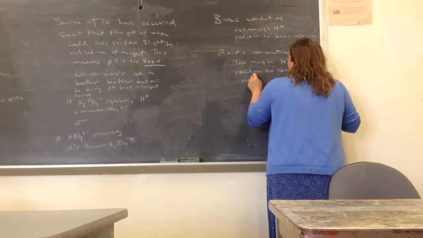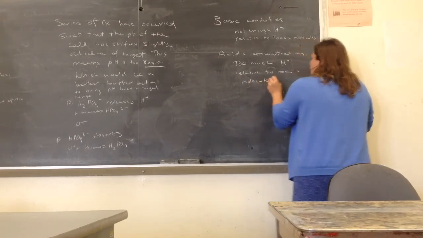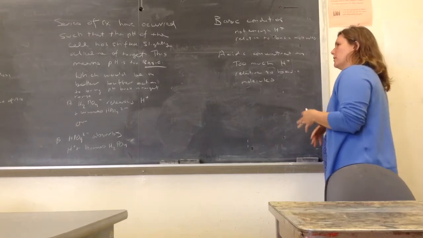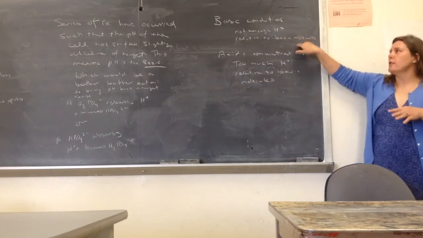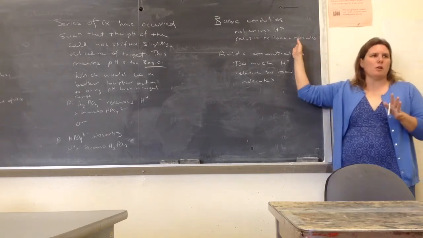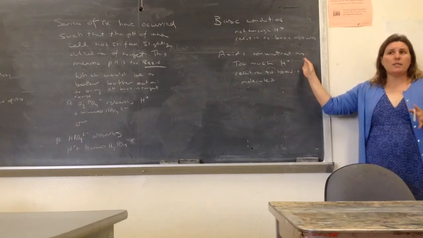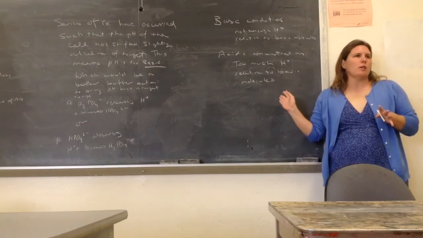And there are all these different definitions of an acid. There's a Lewis acid, and all these other things where you're talking about electron donors and electron acceptors and proton donors and proton acceptors. For us, if you're under basic conditions, you don't have enough H+, and you have too many basic molecules. If you're in acidic conditions, you have too much H+, and not enough basic molecules.